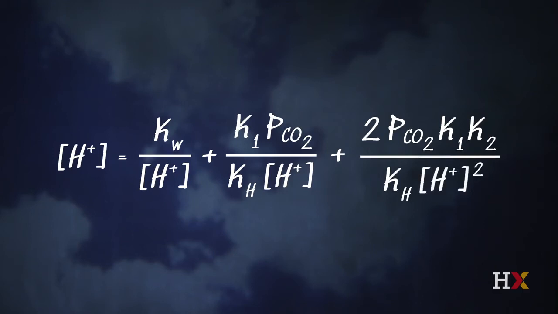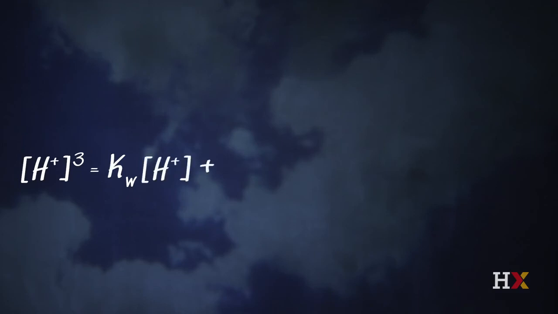We have made huge progress because we've got our key equation for calculating the H plus concentration in rainwater. And just gathering terms from the previous equation, we have H plus cubed is equal to the dissociation constant for water times H plus. And then we have the second term, which is the bicarb anion term.